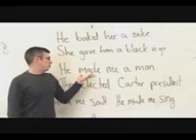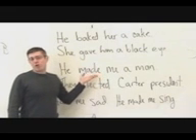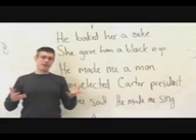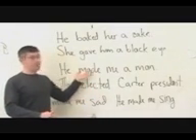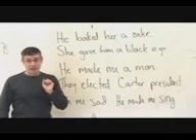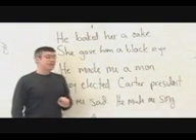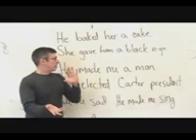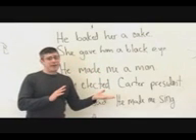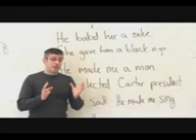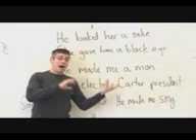But supposing you're talking about Dr. Frankenstein, and somebody says, well, what did Dr. Frankenstein make for you? He made me a man. Now, a man is the direct object, and me is the indirect object. So indirect objects plus direct objects can often look a lot like direct objects and objective complements.